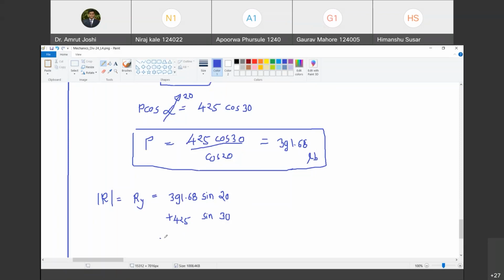It turns out to be 346.46. I got it as 346.12. There may be some rounding error. That's all right. These many pounds is the magnitude of R bar.